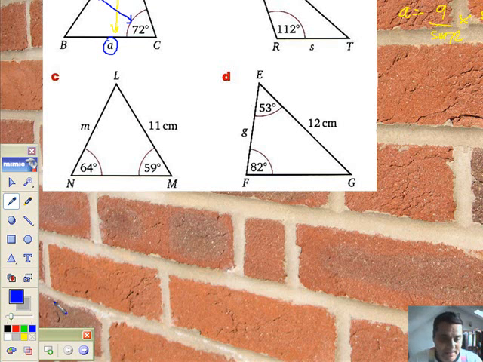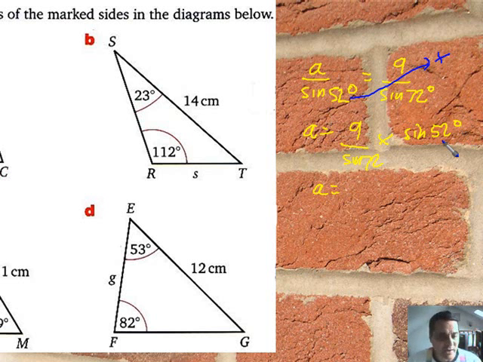So let's go and get the length A, and without having to substitute the values for sine 72 and sine 52, just grab your calculator and let it do all the work. There are no marks for substituting a value for the sine of 72 and 52. No point in doing that.